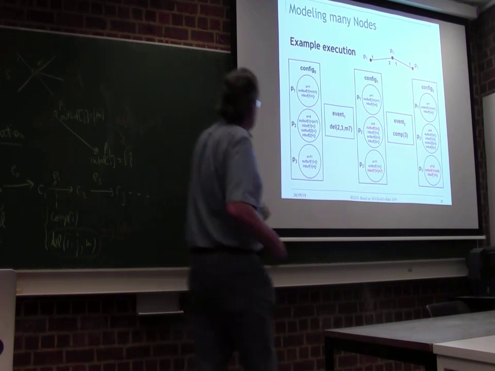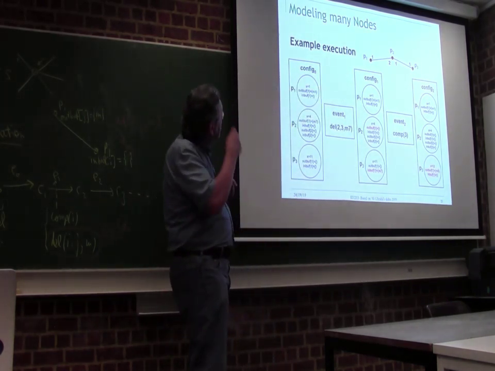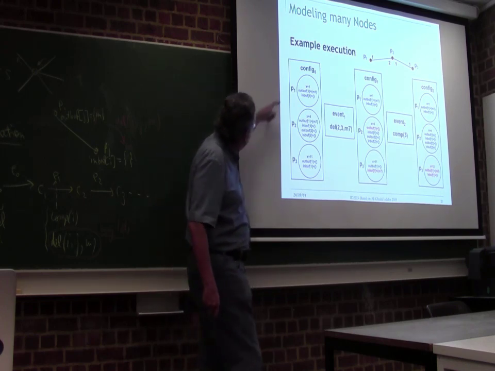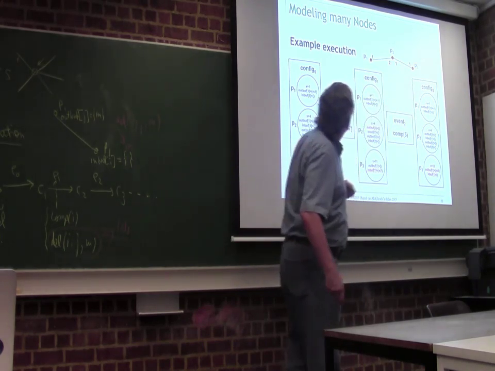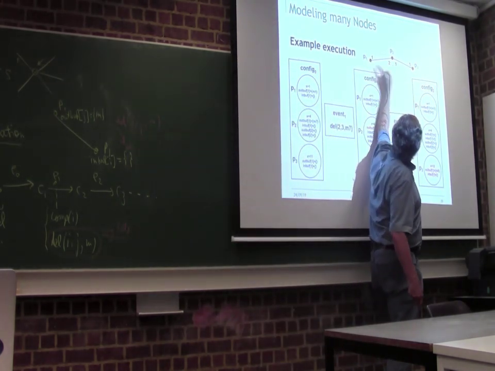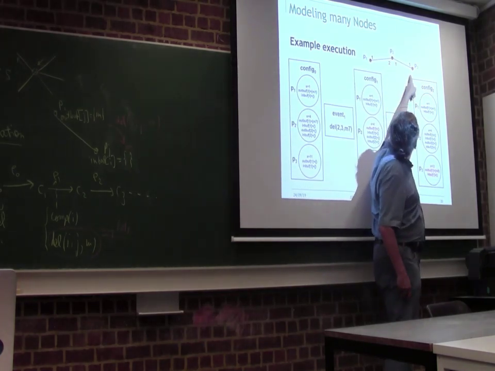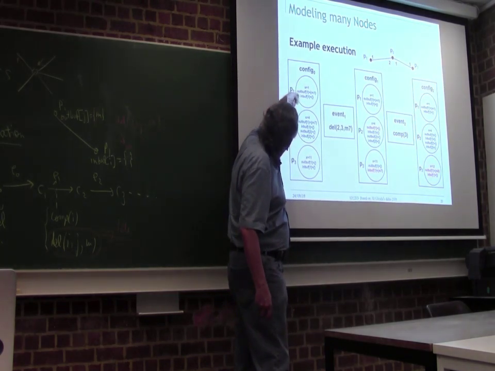So here's kind of an example. Here we have a system with three nodes, P1, P2, and P3. They're connected with two net links. So P1 has one neighbor, P2 has P1 and P3 as neighbors, and P3 has one neighbor. So P1 has one out buff, one in buff.